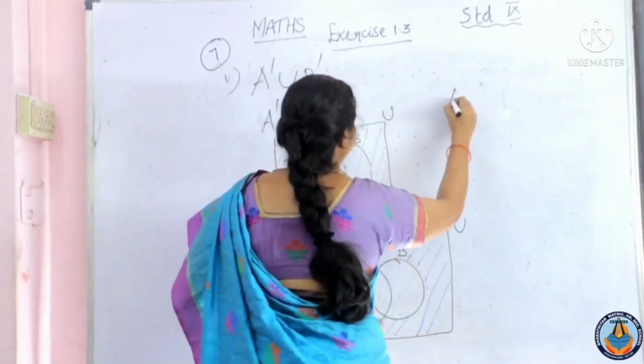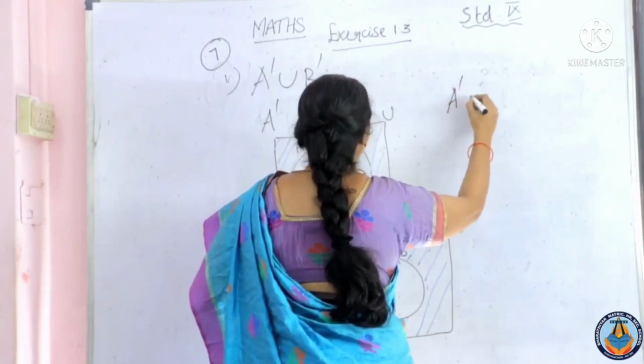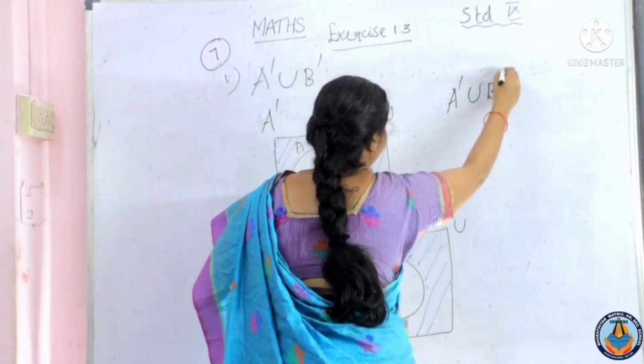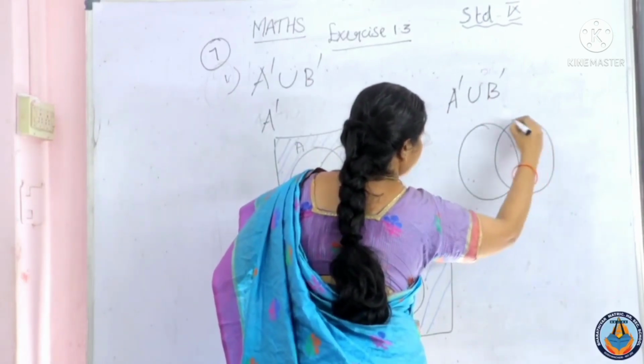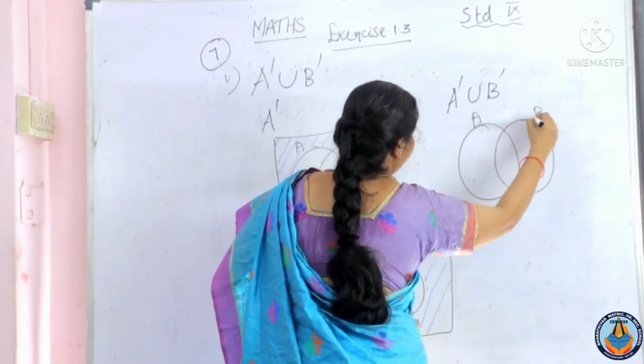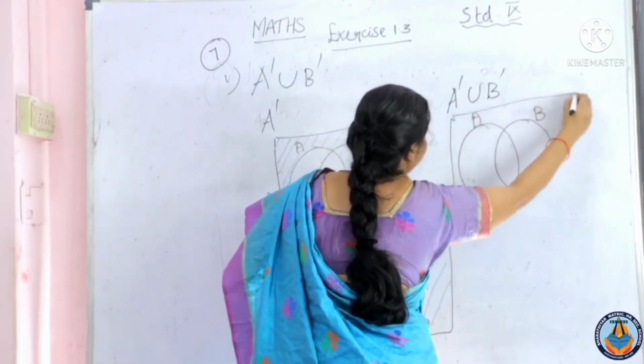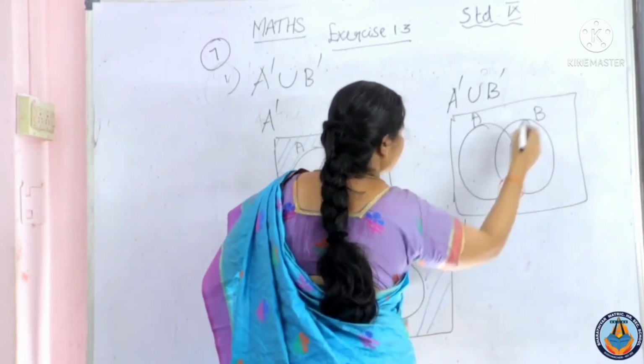Now you find out A dash union B dash. A and B are the overlapping sets, U is the universal set.